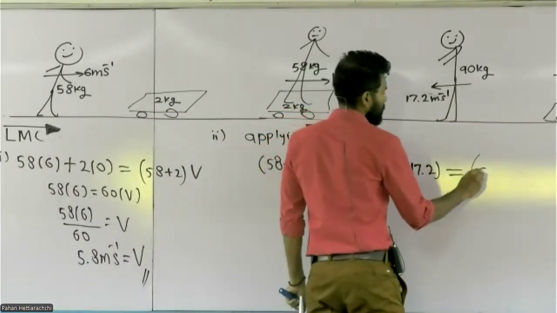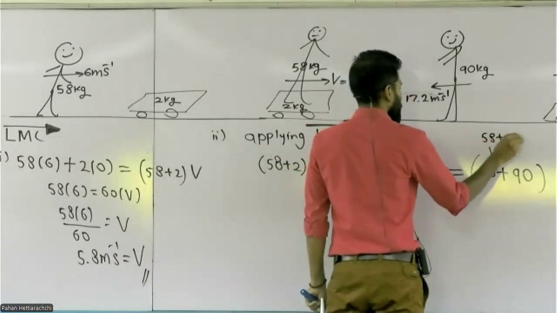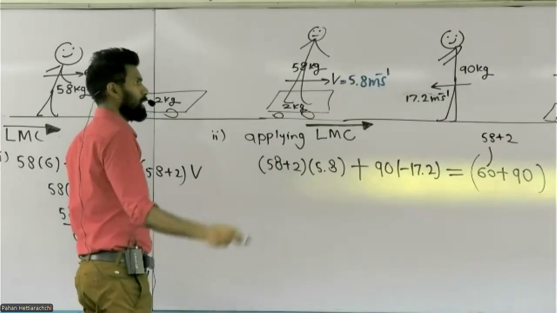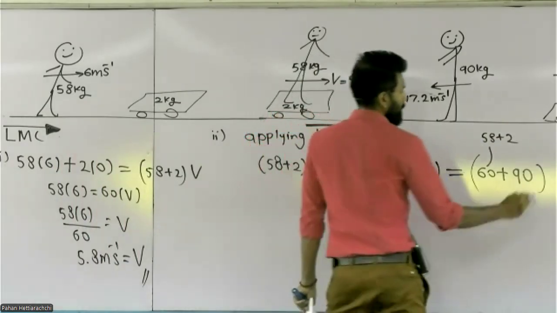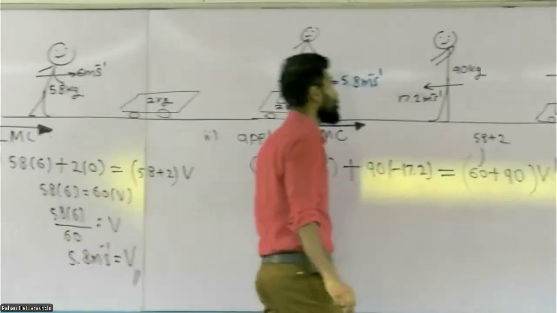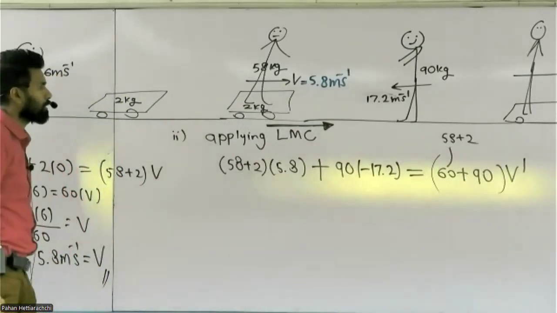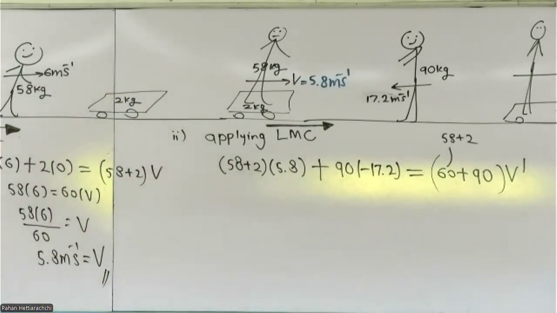What is the mass of this new combination? 60 plus 90. 58 plus 2 was the mass from the earlier case, and now the second man has also jumped onto the trolley, so 60 plus 90 is the total mass. That mass will gain the velocity v dash horizontally to conserve the momentum. Okay, 60 into 5.8 plus 90 into minus 17.2 is equal to 150 into the new velocity of the system after both men are on the trolley.